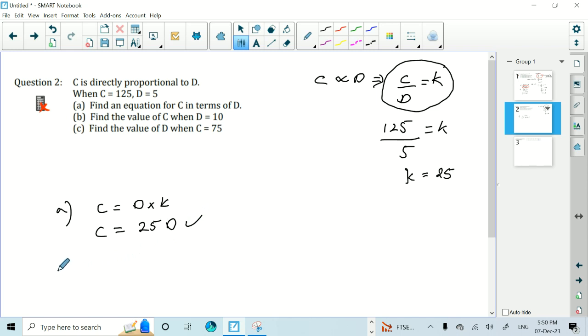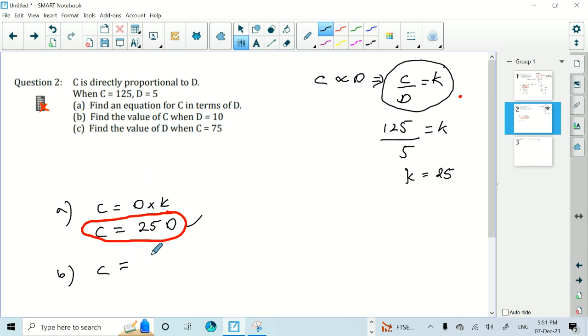Okay, there's your mark. And part B, find the value of C when D is equal to 10. So C must be equal to, now I'm going to use the equation for C in terms of D, as opposed to what I did in the last one, because I'm going to show you either or, it doesn't really matter.